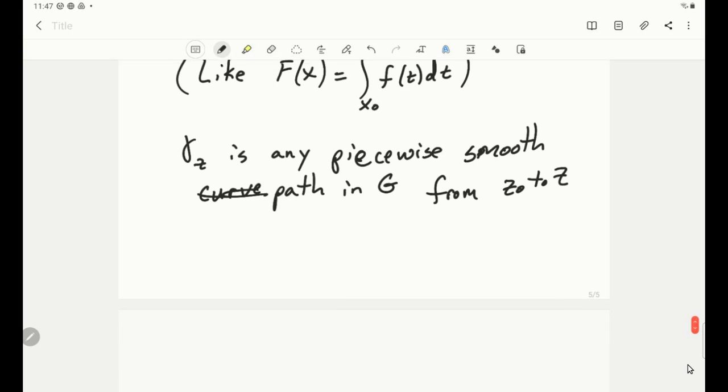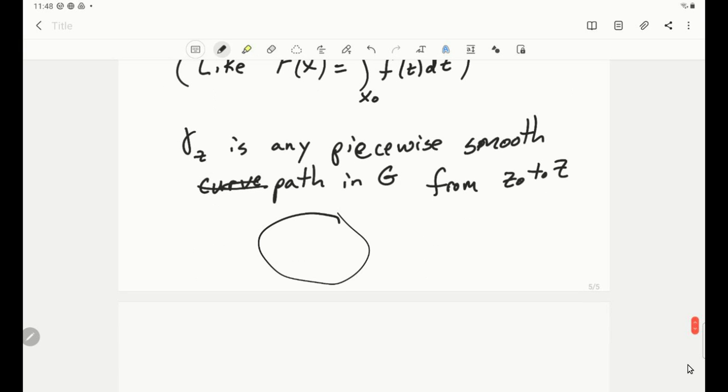So we're looking in this region, there's z0, and we're heading out here to z. There's some path.